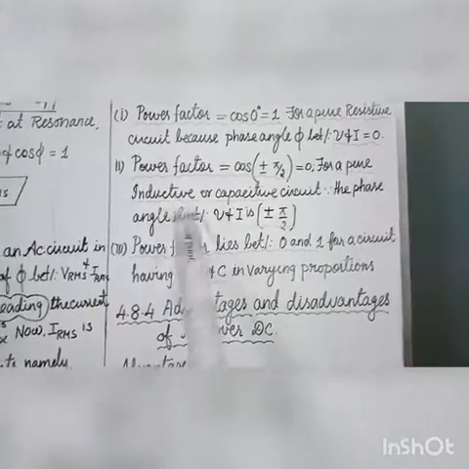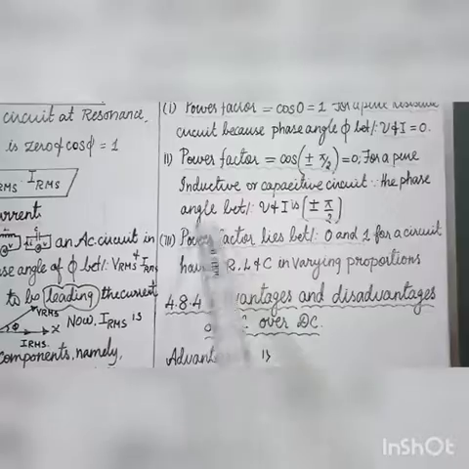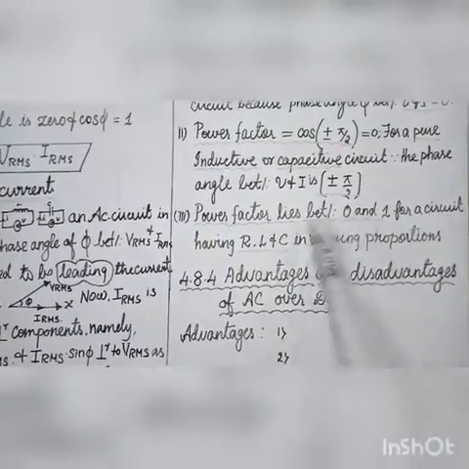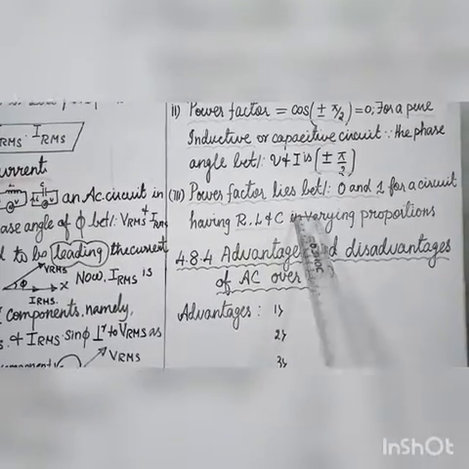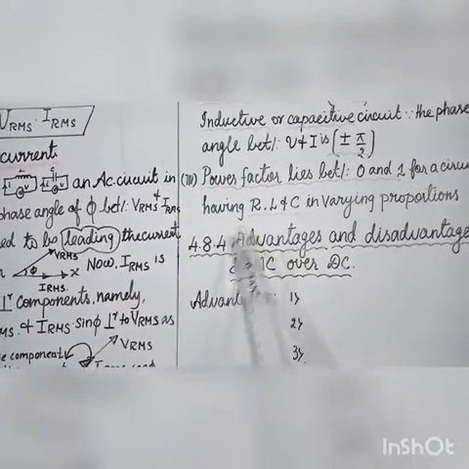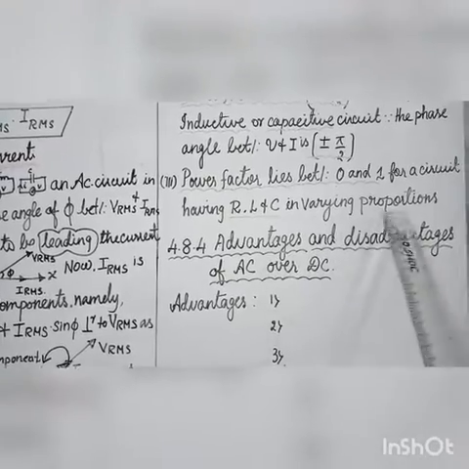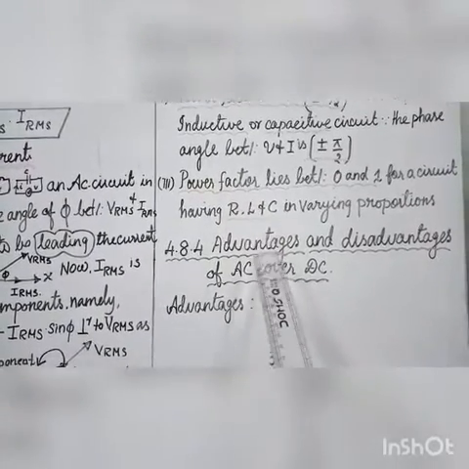For a pure inductive or capacitive circuit, the phase angle between voltage and current is plus or minus pi by 2. The third: the power factor lies between 0 and 1 for a circuit having resistance, inductor, and capacitor in varying proportions. These are the three examples of the power factor.